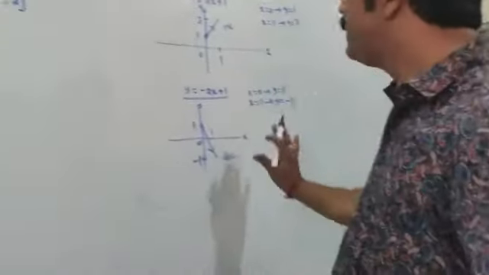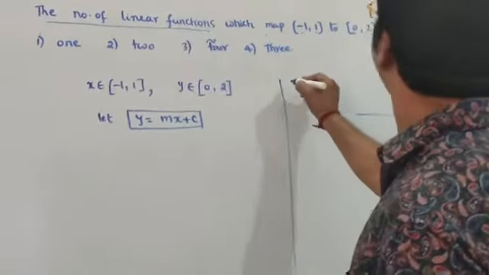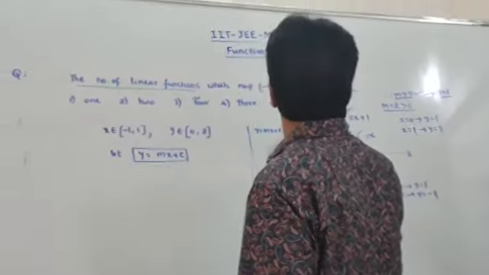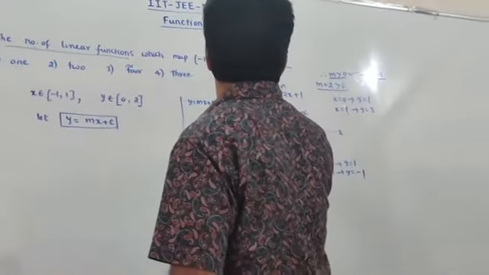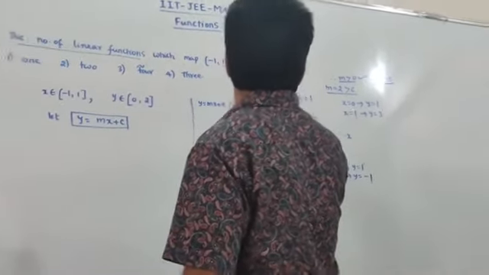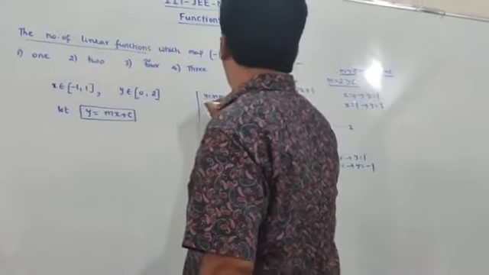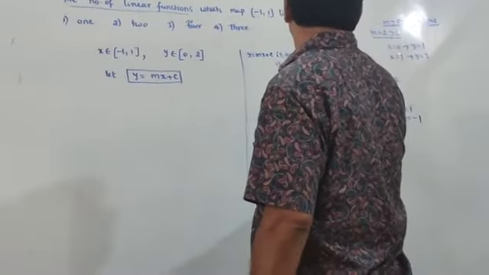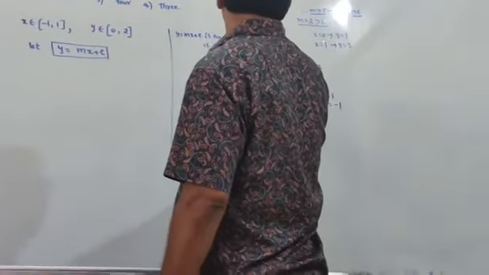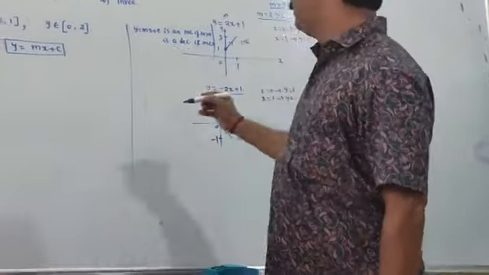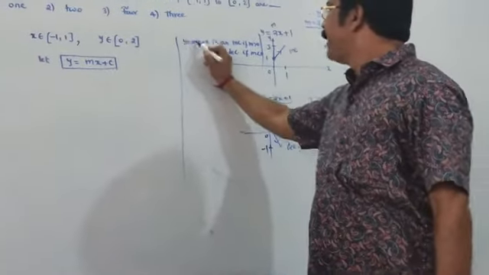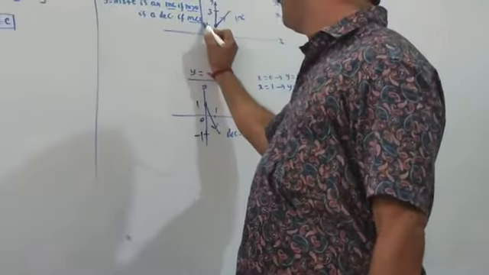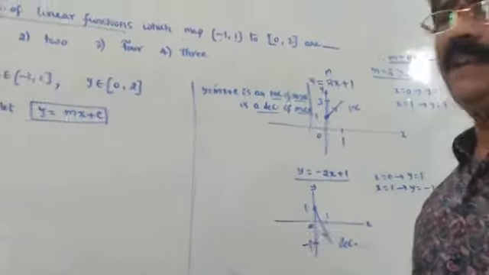So the inference is: y = mx + c is an increasing function if m is positive, and a decreasing function if m is less than 0. If m is negative, it is a decreasing function.